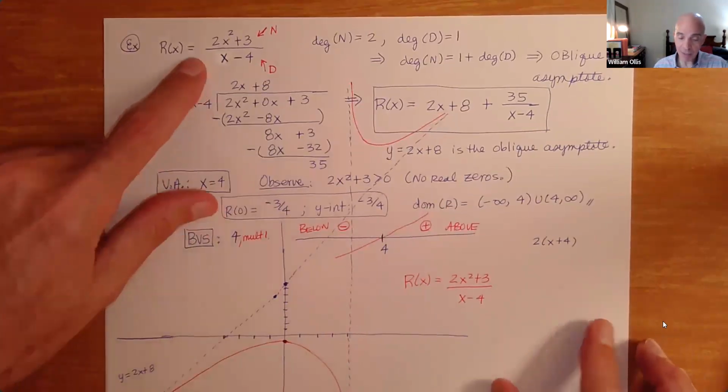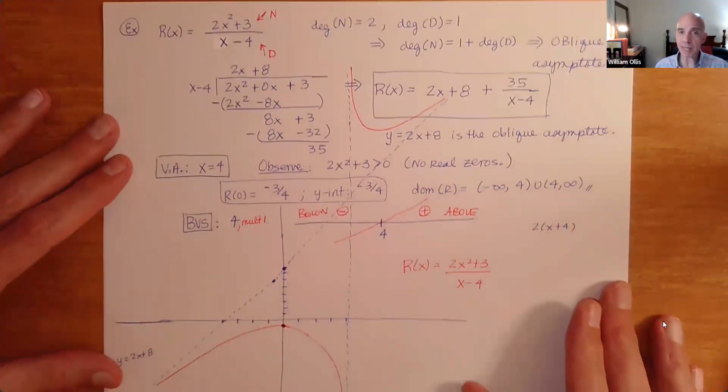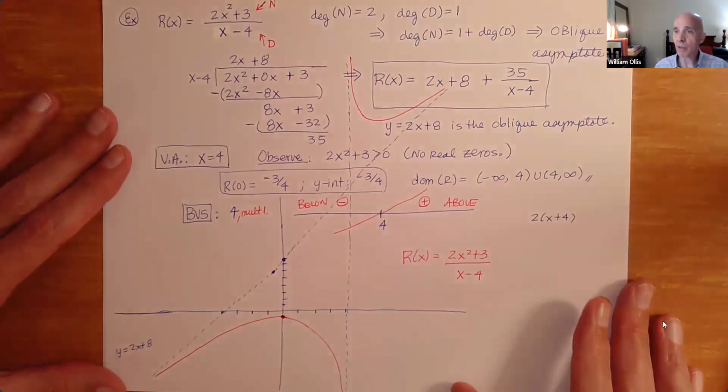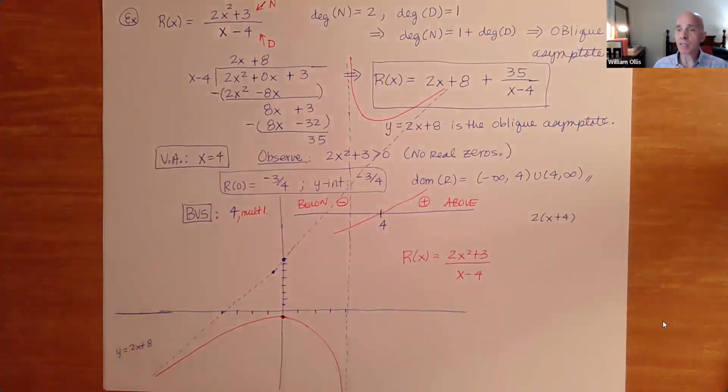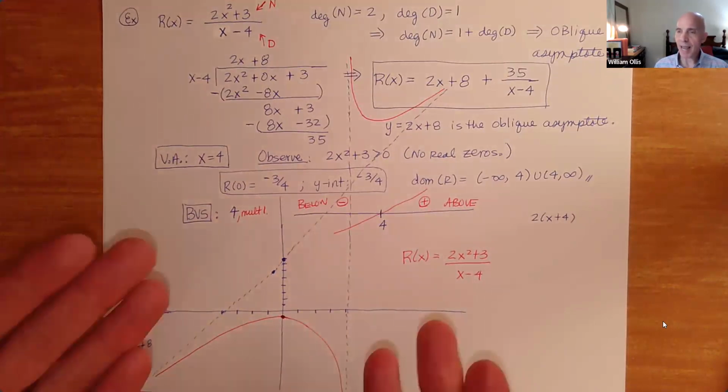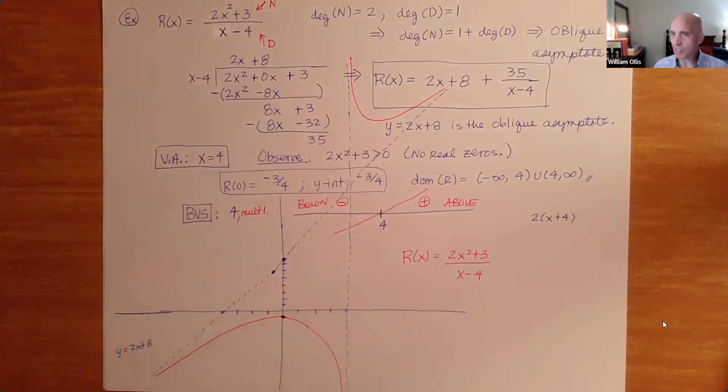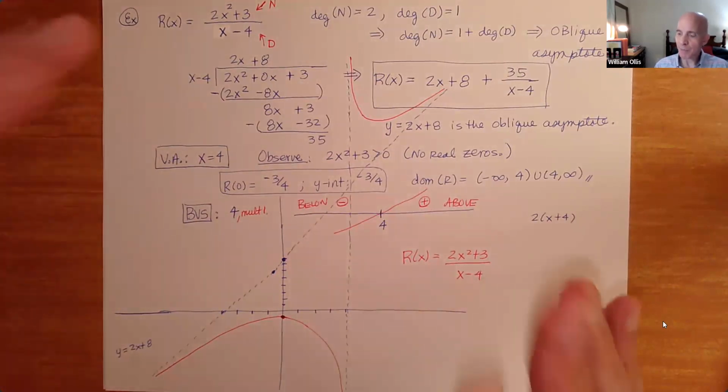So what we're seeing here is that this BV technique is just indispensable. It gives us a large amount of information that is required to get an accurate graph. And then as we continue on, we will learn more about the precision of the graph and what we can glean from the calculus to add the last pieces of the picture.